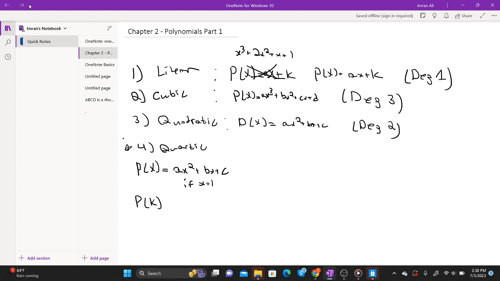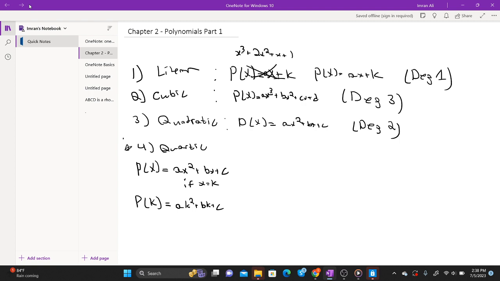So if x equals k, what would be the value of this? We just substitute k in for x. So this is a times k squared plus b times k plus c. That's p of k.